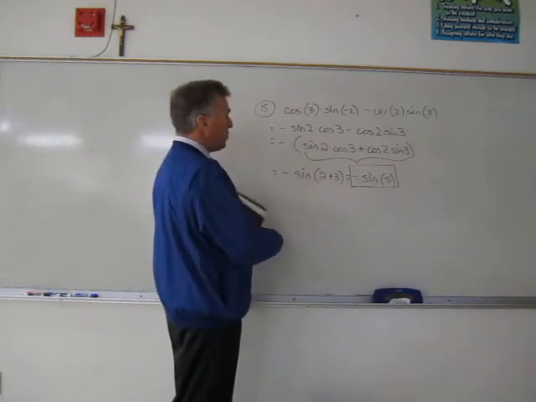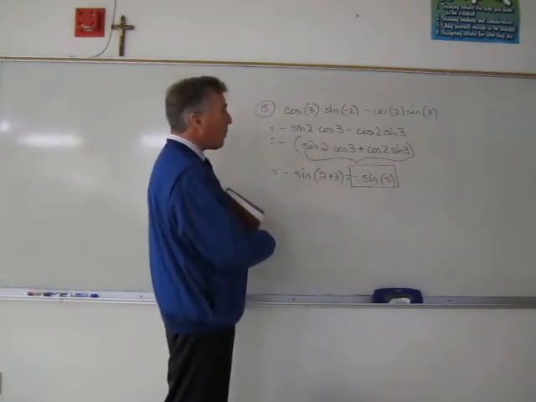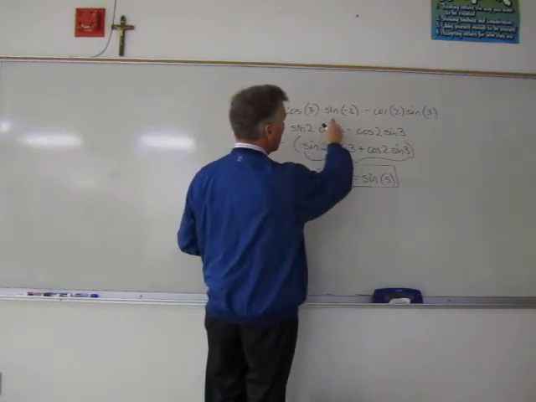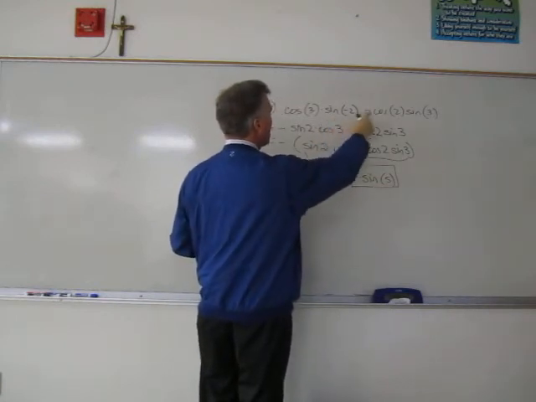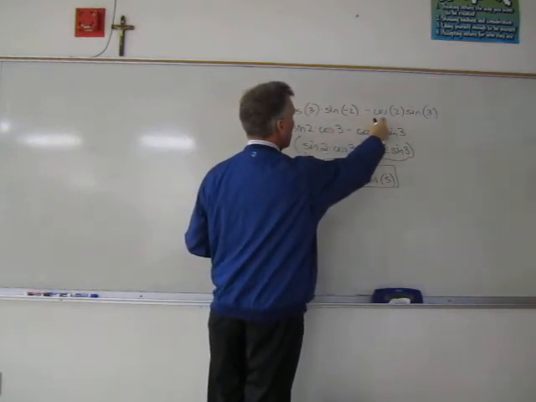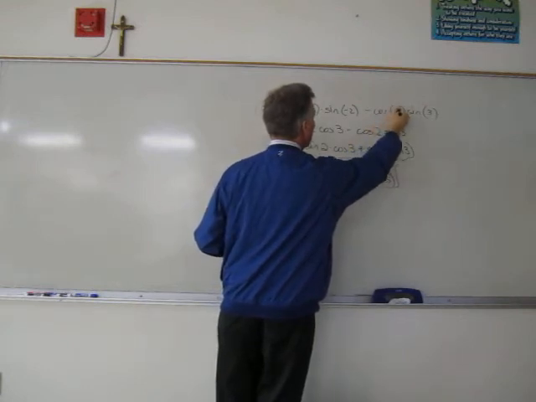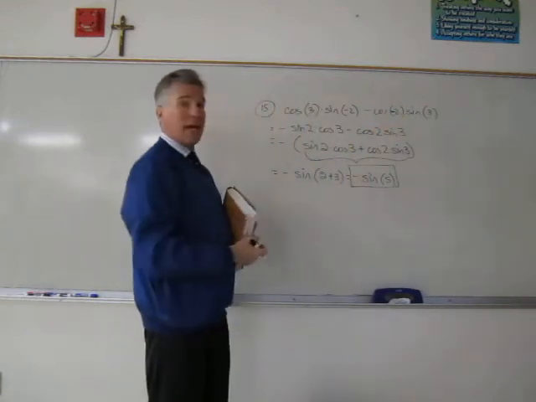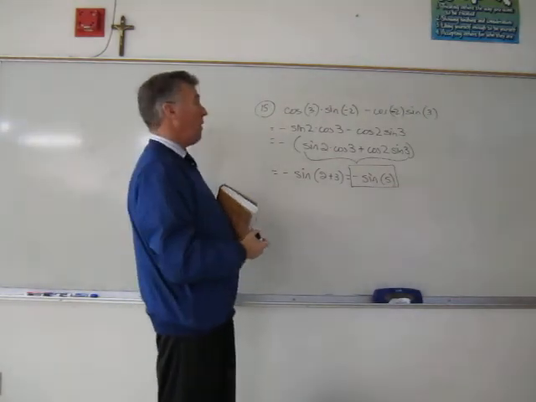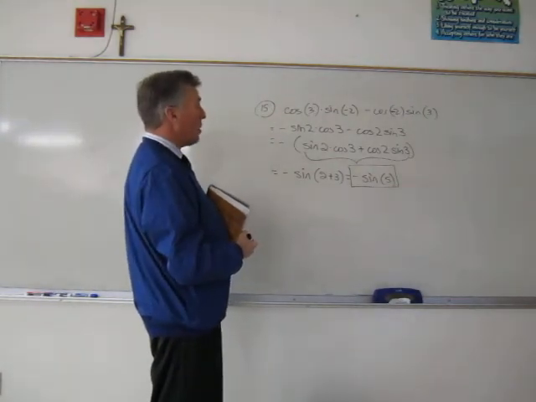If you didn't choose to do it that way, you could have looked the other way and said, well, cosines of opposite angles are equal. So I could make that cosine of negative 2. Now I need to get it in the right form, though.